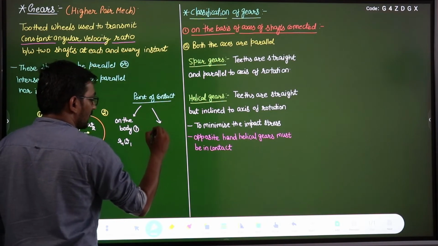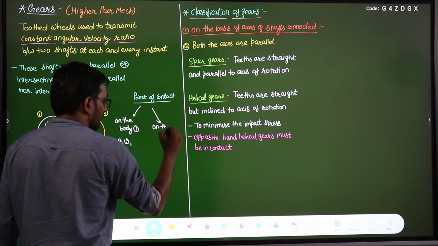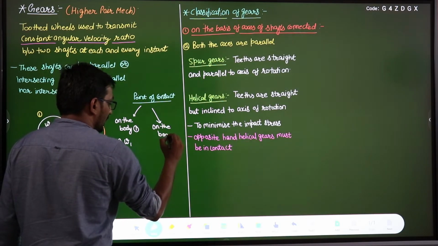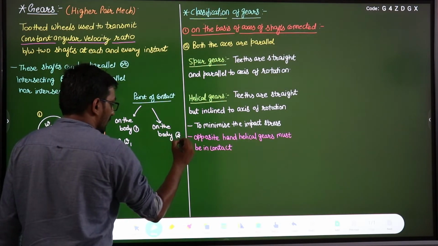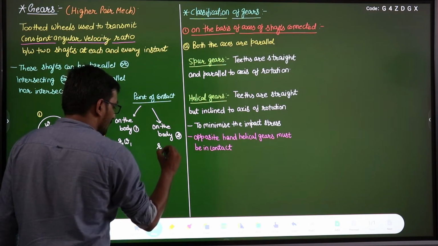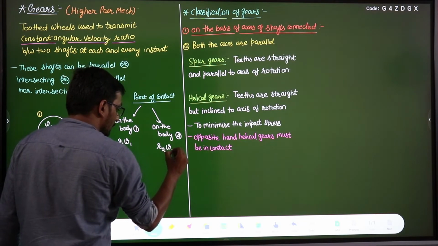If this point of contact is on body 2, or disk 2, then the velocity will be R2 into omega 2.